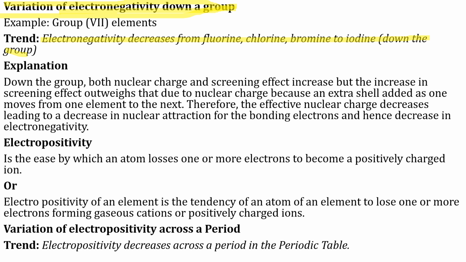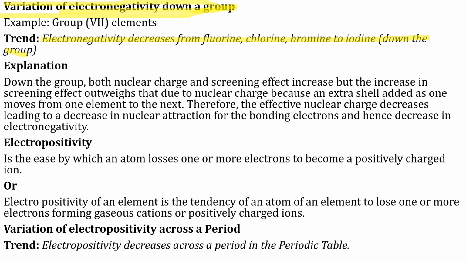And if effective nuclear charge decreases, we looked at the factors affecting electronegativity. We gave three. We talked about effective nuclear charge, we talked about screening effect, and we talked about atomic radius. The smaller the atomic radius, the higher the value of electronegativity. And the larger the atomic radius, the less the value of electronegativity.